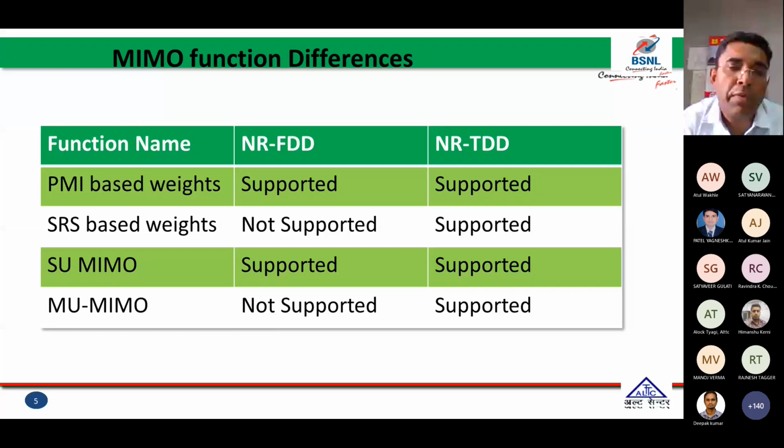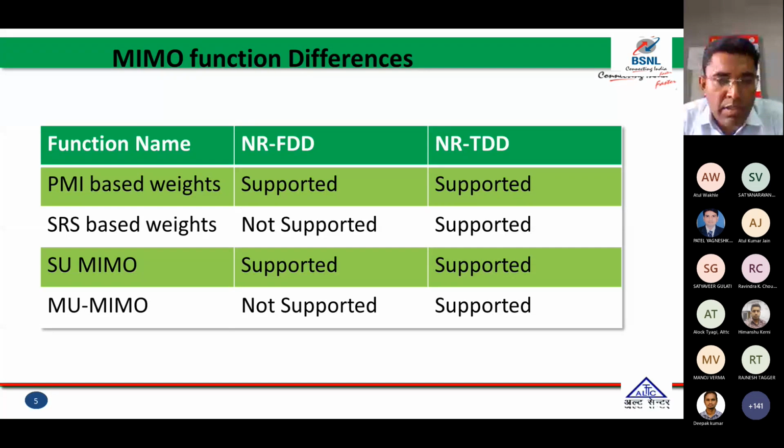Okay, so PMI based weights are supported in both NR FDD and NR TDD, and sounding reference signal based weights are supported only in the TDD mode. And there are two other methods, single user MIMO and multi-user MIMO.